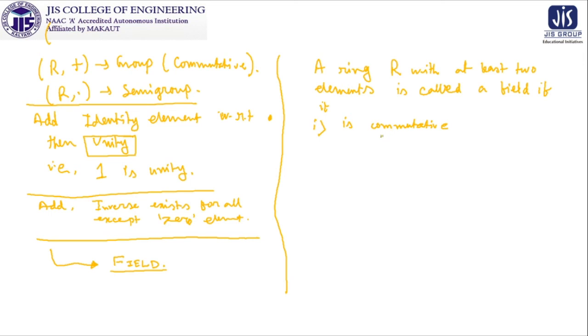Obviously, commutative means the ring is commutative with respect to the second operation. The second property is that it has a multiplicative identity.